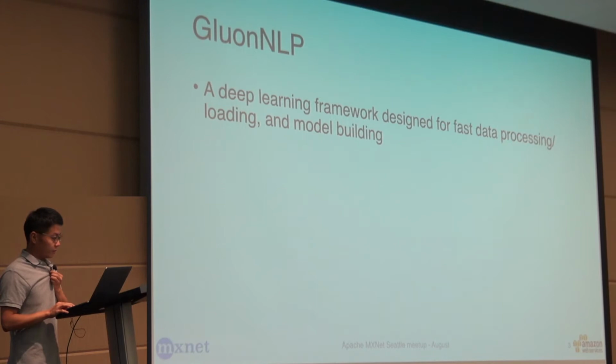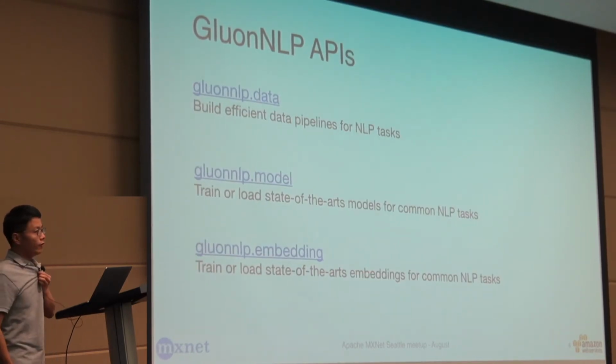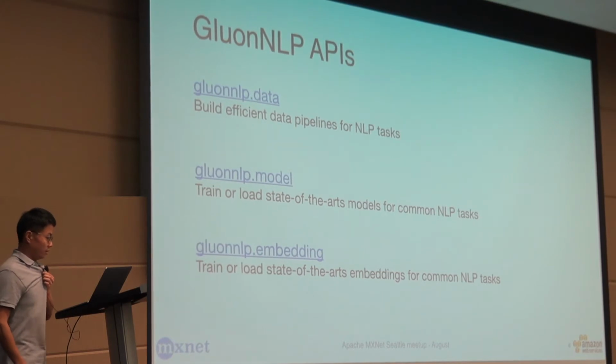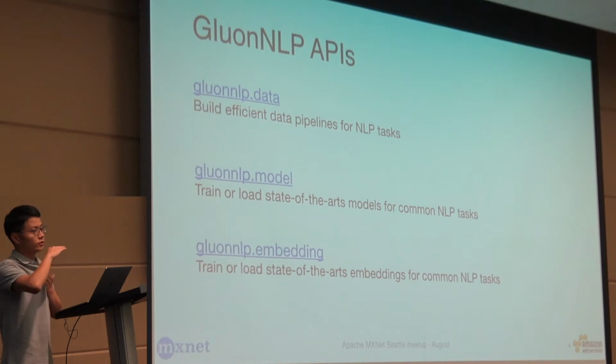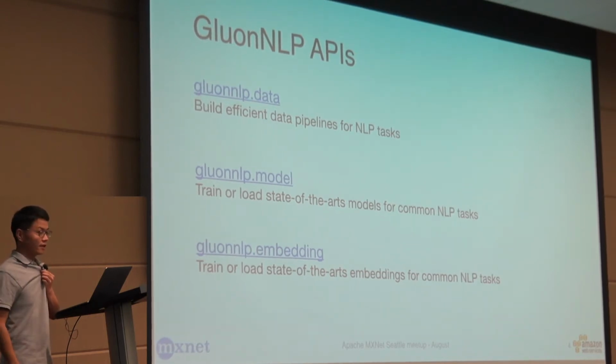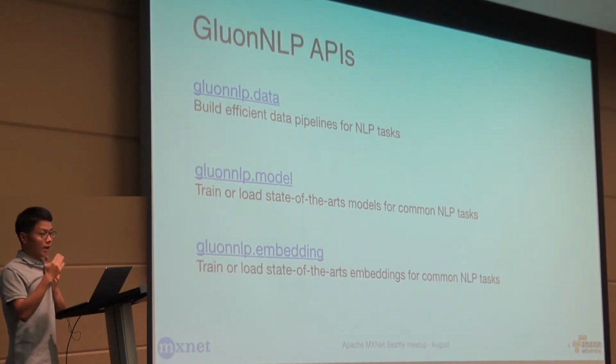NLP area. For today, I will let you know the key components in GluonNLP, rather than go over lots of stuff and end up getting nothing. So I will focus on these three high-level APIs.